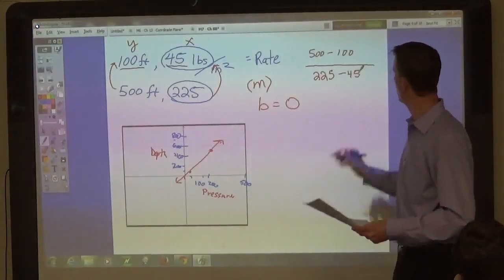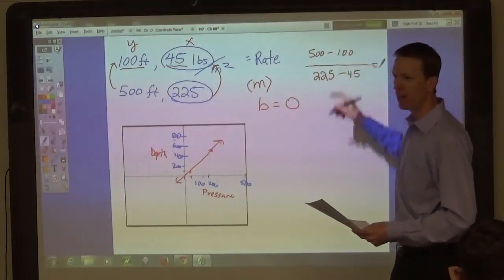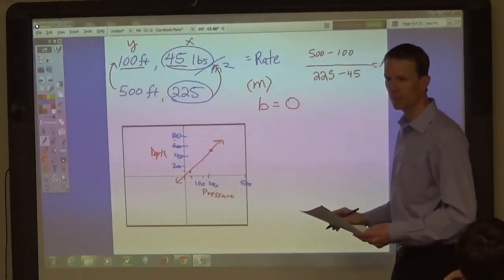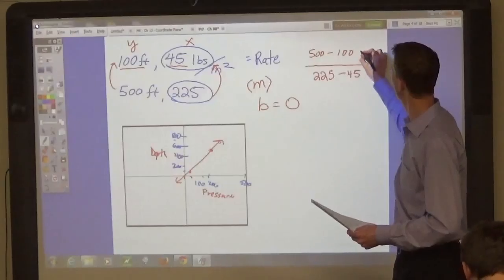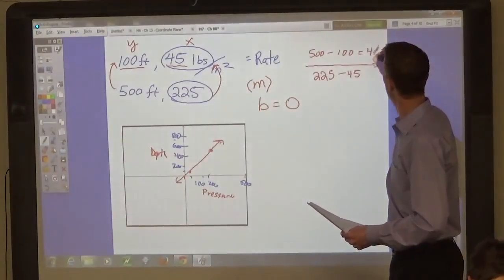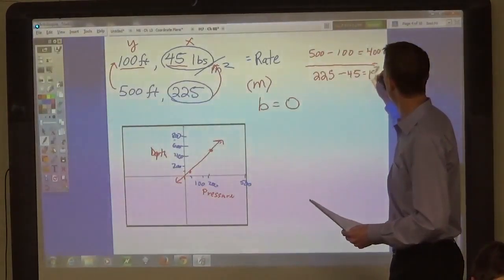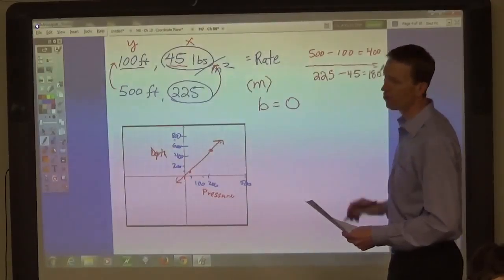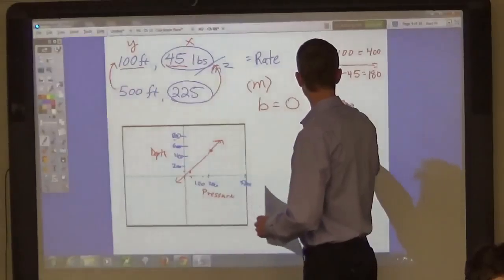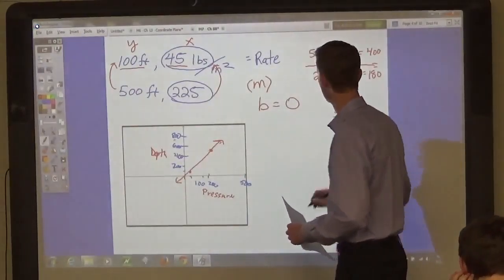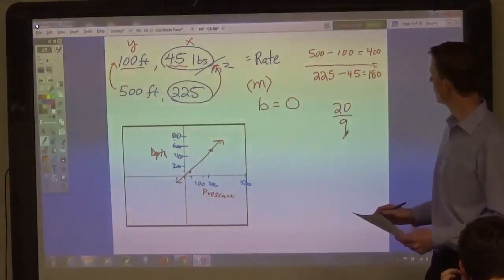And what is this simplified then? James? 400, and then on the bottom it's 180. 400 over 180. We'd want to simplify that to what? 20 over 9. Right?